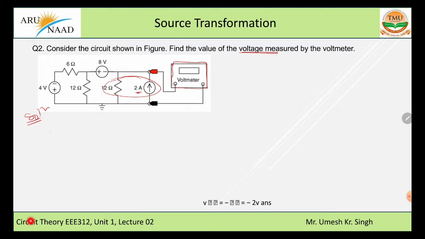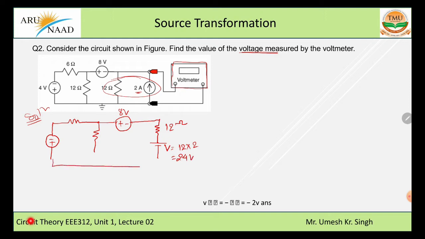So I am converting this current source into a voltage source, and again redrawing the circuit. So again this 8 volt is as it is, and we will have the same value of internal resistance, as we know that the internal resistance doesn't change, and the value of voltage V is equal to I into R. So 12 into 2, and that will be equal to 24 volt.